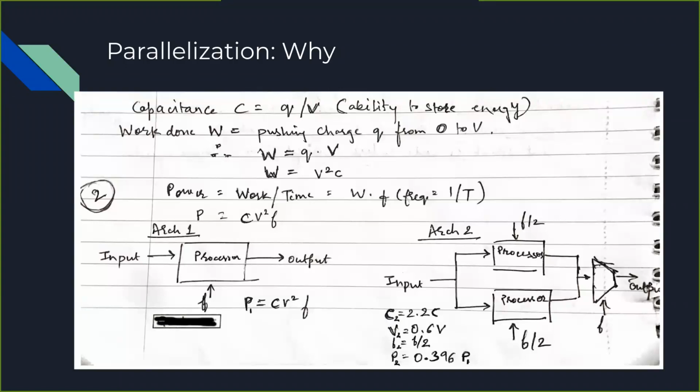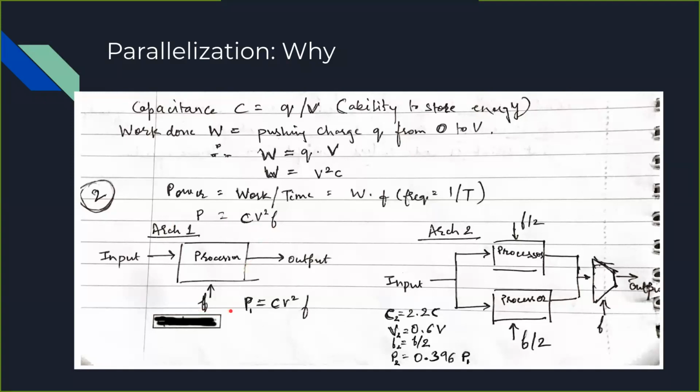This is about the only shoddy math in here. Active power in a given circuit is given by capacitance times the voltage squared times the frequency.